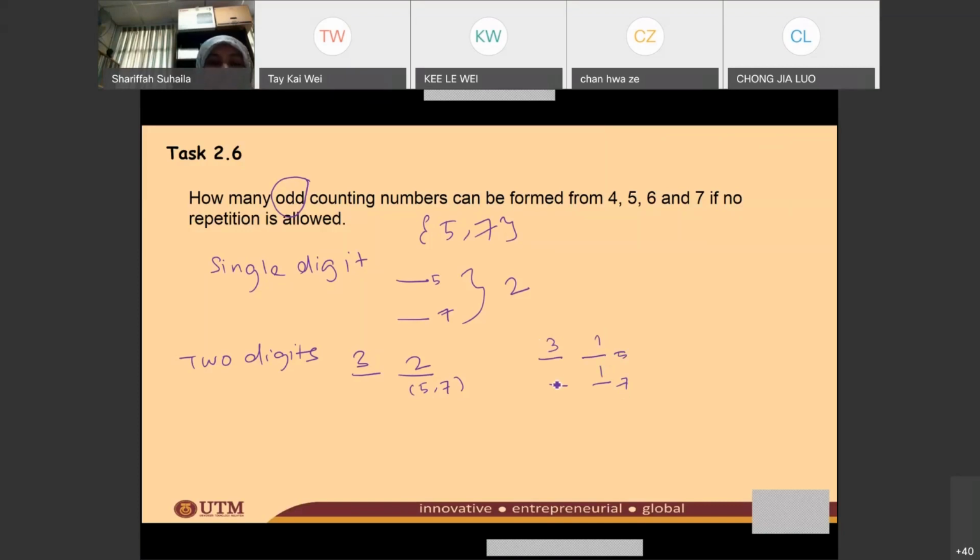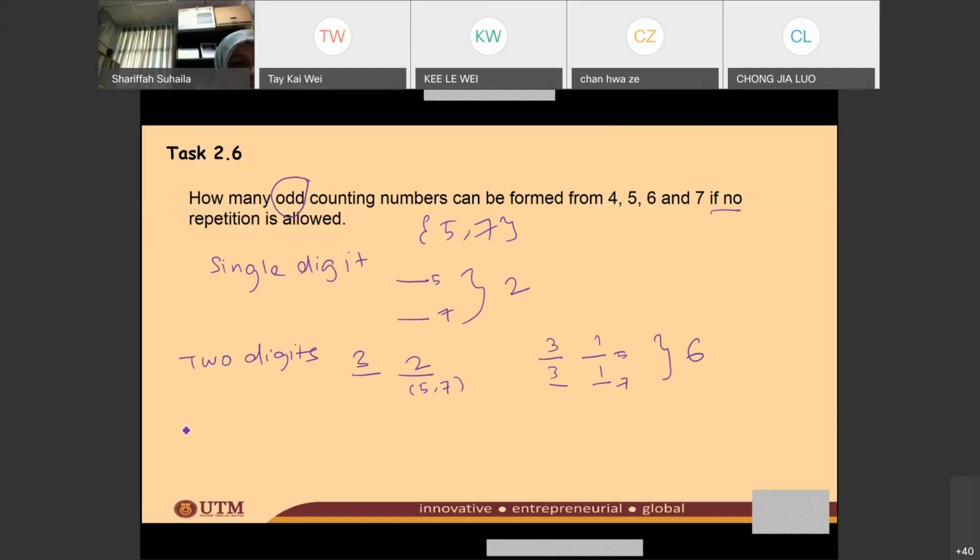Ataupun that means you have 5 or 7, so 2 possible ways. Okay. The next one, in the first place tu, ada lagi 3 possible ways because this one is without repetition. So altogether untuk yang second digit, you will have 6 possible ways. Okay. Ya, sebab ini baca soalan dia, no repetition.